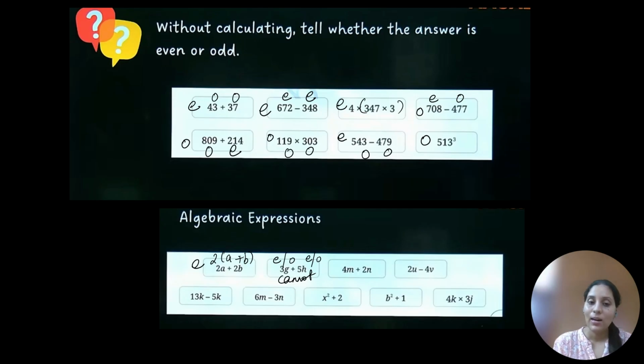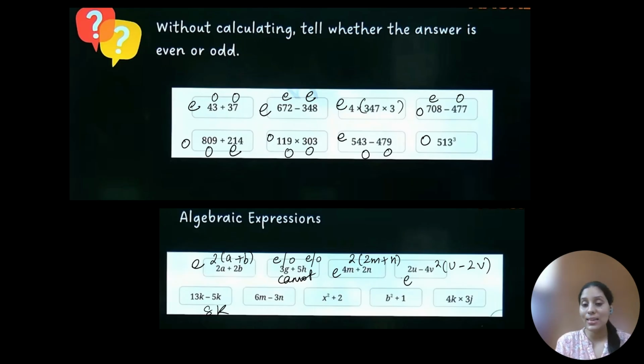Now this is 2 into (2m plus n), isn't it? So an even number multiplied by anything is always even. Similarly, 2 into (u minus 2v). Even number multiplied by anything is always even. 13k minus 5k is 8k.